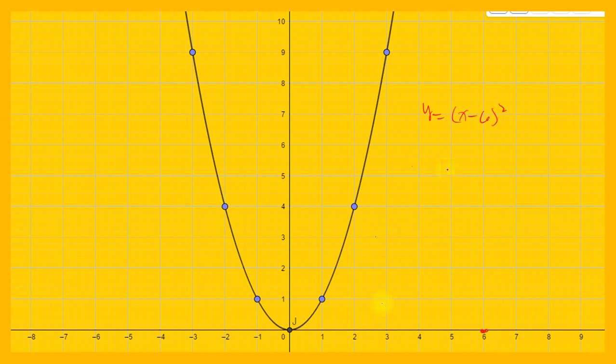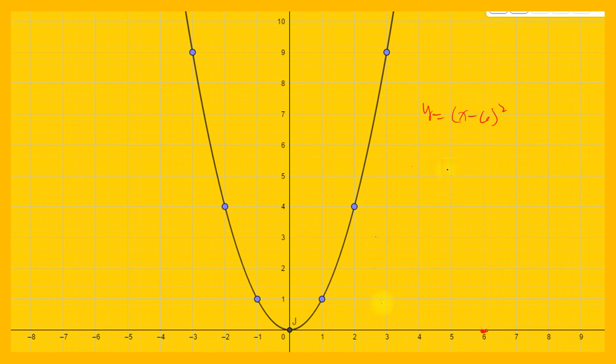So let's go to the effect of the value of k. We say this is vertical shift. When we say shift, it's just being added or subtracted. So what will happen here? This is our y equals x squared.